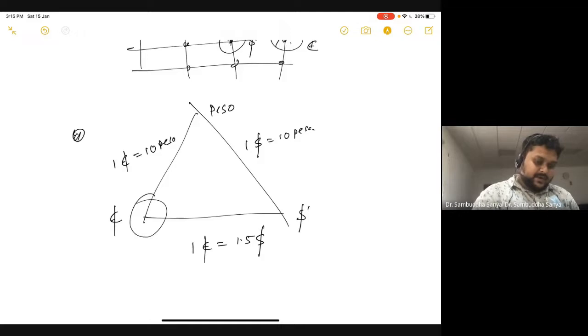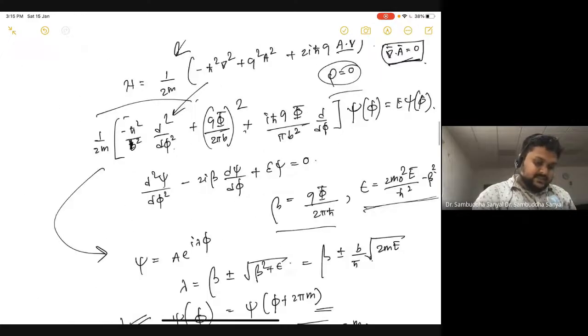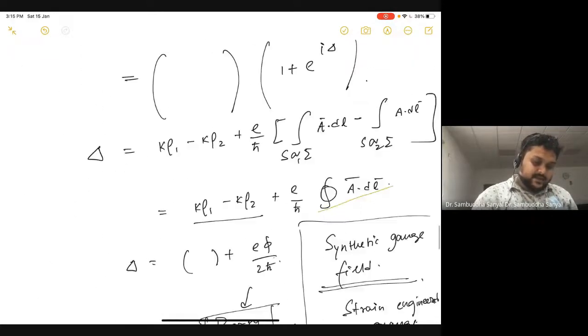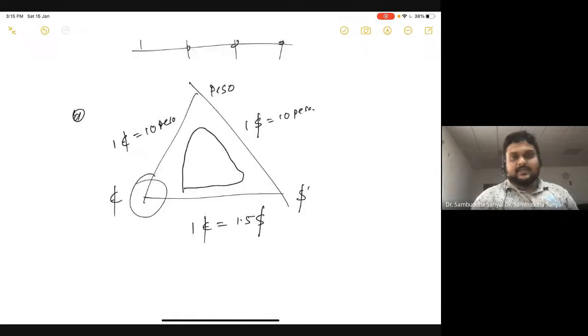So clearly if the person goes from Europe to USA to Argentina and comes back, that person can increase their money by 50%. Okay, so this circuit will give you a 50% gain.